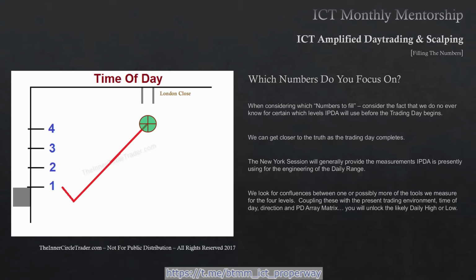And by doing that, you blend those two things together with time of day. How much time do you have left in the day? Does it have time to get up to these projections? And you keep stacking them on, and you end up getting the daily highs and lows, like I've shown many instances of over the last few years. But this teaching is exactly how I do it. There's no secret sauce outside of this.